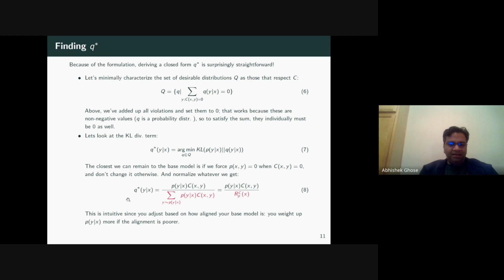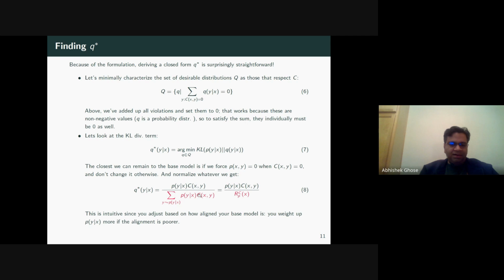You say that, okay, the best Q star I can get is that I'll use P of y given x, and I'll multiply it by C(x, y). Wherever there is a violation, the numerator disappears. Wherever there is no violation, it just gets multiplied by 1, which means it gets to keep its old value, right? But I have to put the normalization constant in the denominator, because I have set so many things to 0, they don't add up to 1, right?